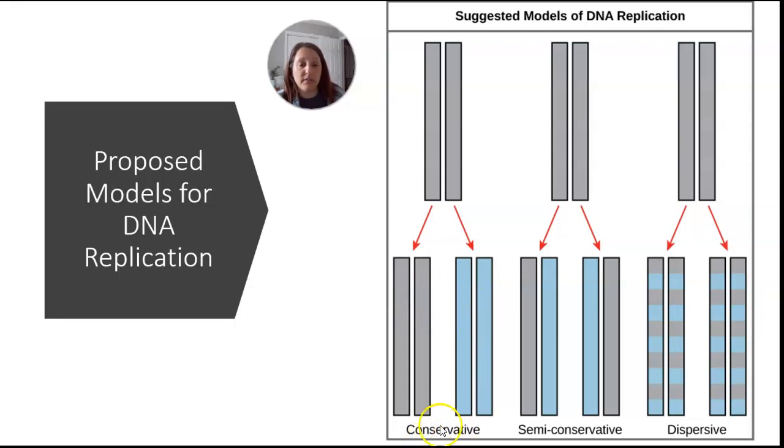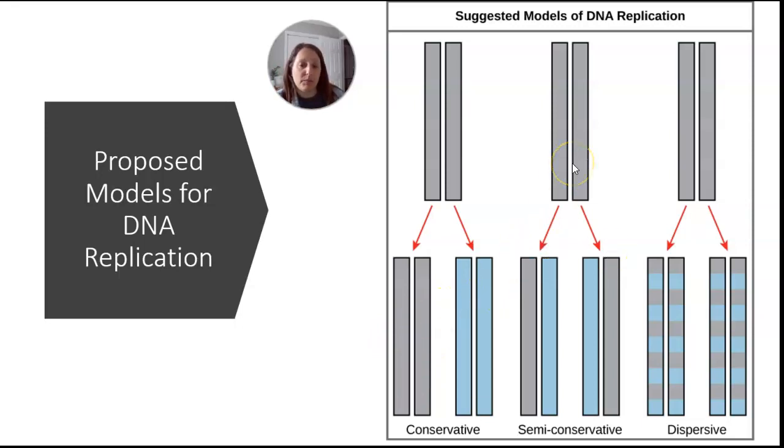So that's conservative DNA replication. The original double-stranded DNA molecule is conserved, and the new DNA generated through replication would be together over here. So we'd have one double-stranded DNA here and a second double-stranded DNA here, 2 copies. That's called the conservative model.